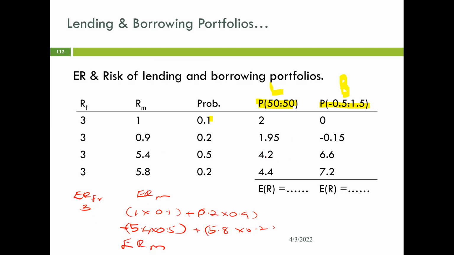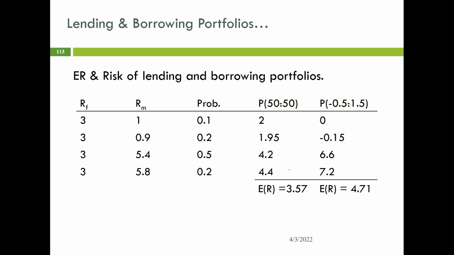So now calculate the weighted average. Here they have given you the weights, and the calculations are based on the weights. You can also use the statistical method here. 50% on 3 and 50% on 0.9 gives 1.95. Likewise, you then multiply by the probabilities.